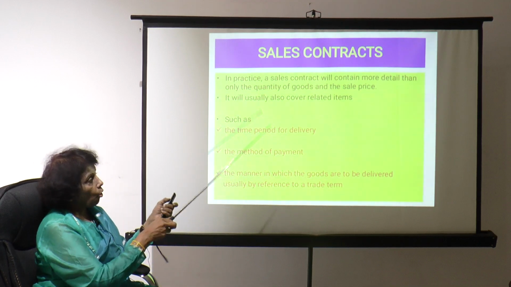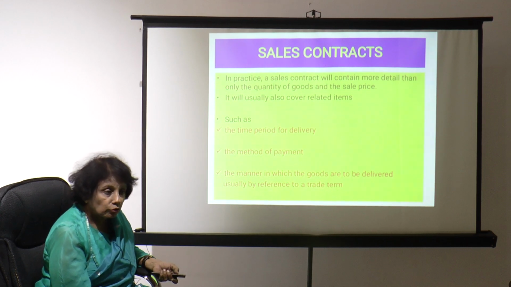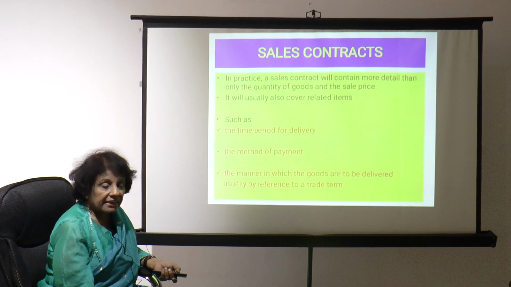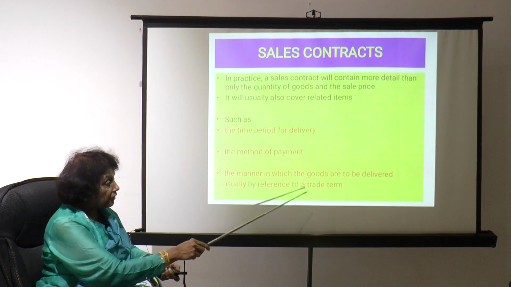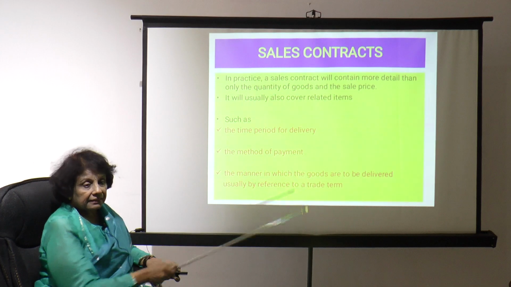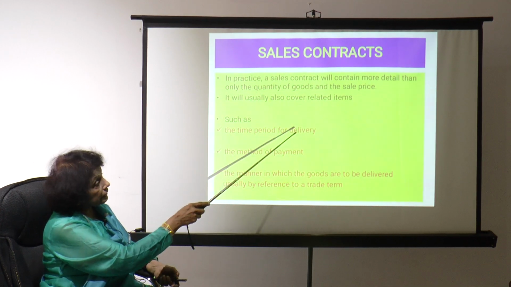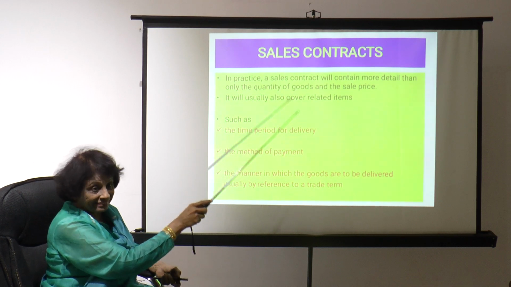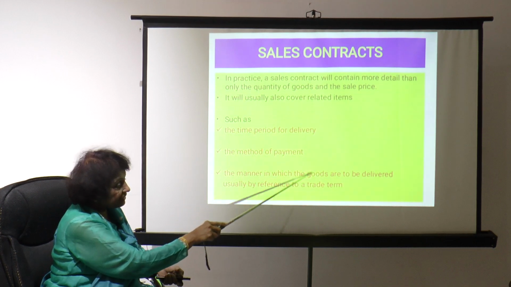It will relate to the time period for delivery, when the goods have to be delivered, the method of payment, whether it is sight, deferred, acceptance or negotiation, and the manner in which the goods are to be delivered. So there will be a trade term, that is the import term, on how the goods are to be delivered.